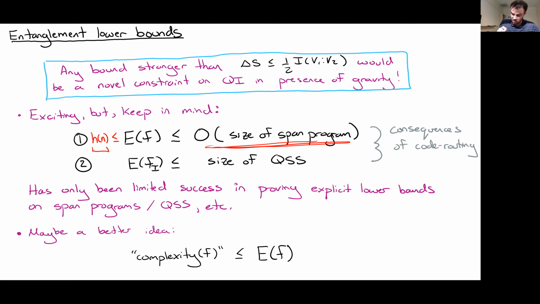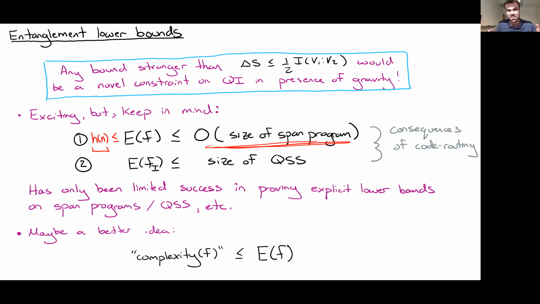And lower bounds of that form, like explicit lower bounds on complexity, are very hard to prove, and they're a long-standing goal in complexity theory. There's been pretty limited success in actually proving them. So from one perspective, you could say, maybe this non-local computation perspective is a really interesting way to try and prove interesting statements in complexity theory.